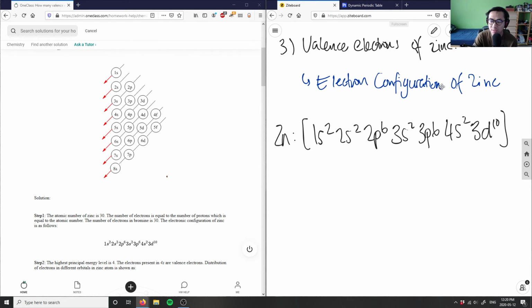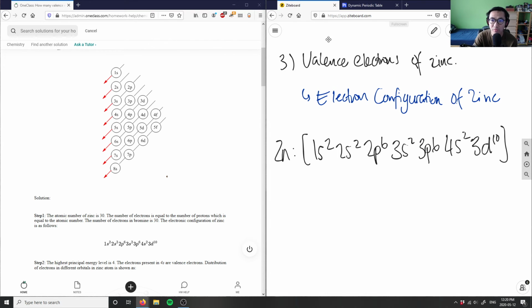So in this case, I'm looking at zinc here, and I'm looking at what the valence electrons are. I'm looking at the highest principal quantum number, which here is 4. The principal quantum number of zinc is n equals 4, because I'm looking at the greatest number here, 4. And the valence electrons are whatever electrons exist in that orbital.